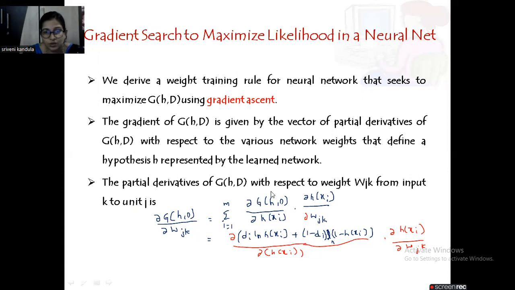And we already know the value of this G of h comma D. Just now we obtained the maximum likelihood hypothesis, so the same thing we take here, which is di into log h of xi plus 1 minus di into log of 1 minus h of xi. The remaining is as it is. Now let's apply a partial derivative on this and simplify.